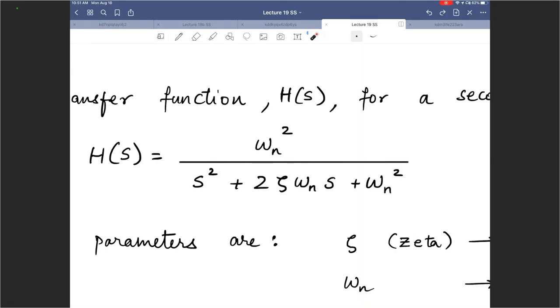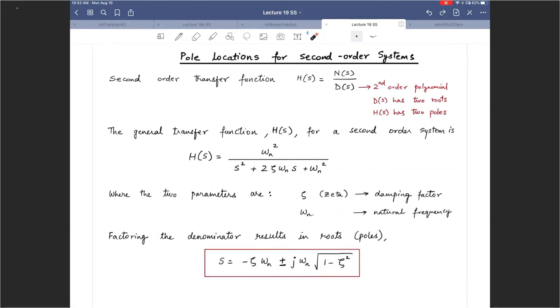The parameters of the second order system are zeta, which is called the damping factor, and omega n, which is called the natural frequency. And we will see how these factors play a role in the stability of a system. Some are going to be more stable than the others. Now, the damping factor is going to be a value that could be 0 or greater than 0.